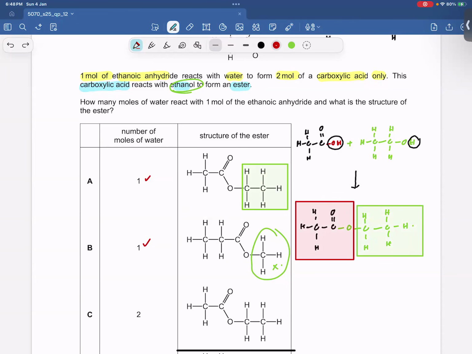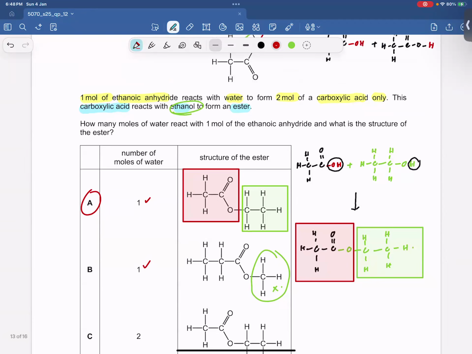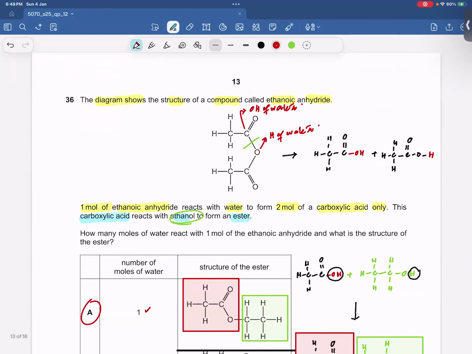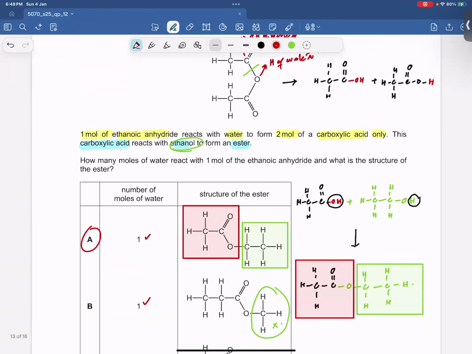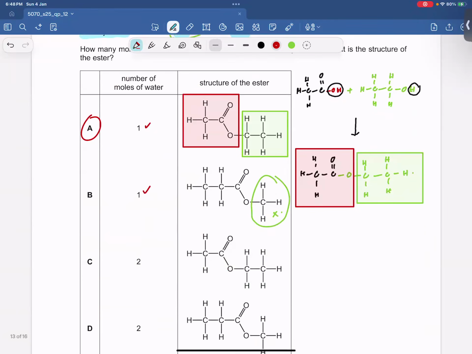So I believe A is going to be the right answer. That's a very, very classic question. It's my favorite.